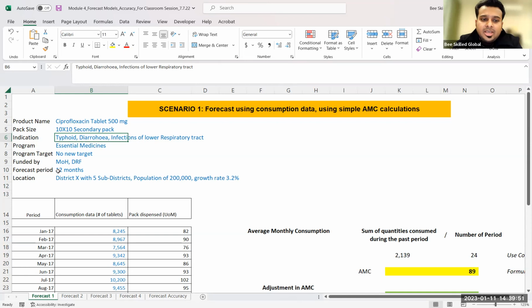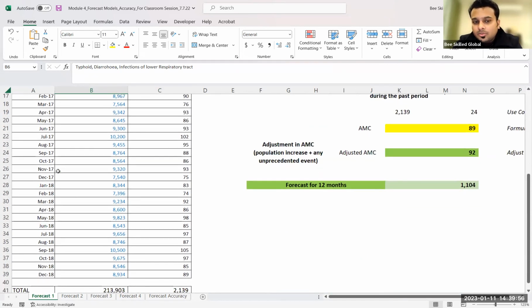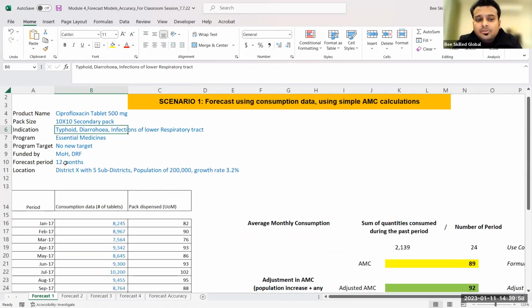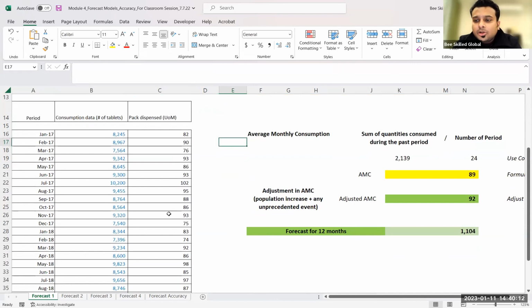Now, we have the data of the previous 24 months, and we have to prepare a forecast for the next 12 months. We know the population, and we know the growth rate of district X. In these columns is the historical data, which has been collected from all the health facilities or service delivery points in district X and then consolidated.